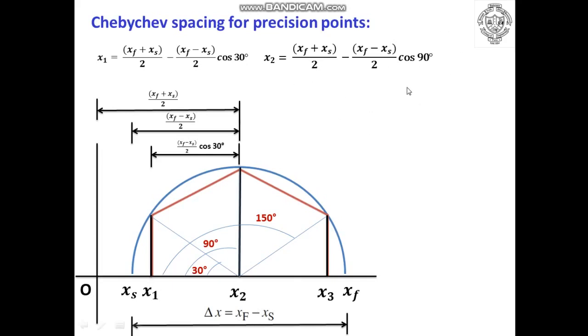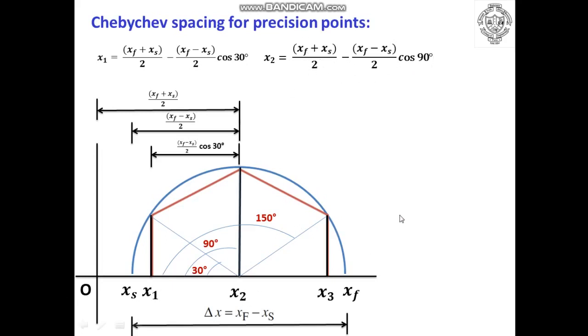But the generalized formula can be written as x2 is equal to xf plus xs divided by 2, that means this particular distance, minus the projection of this particular r, the position number 2, which is inclined at 90 degrees on the x-axis, which is nothing but 0. So let us consider the radius r as it is, that is xf minus xs divided by 2, and the angle for cos is considered to be 90 degrees, which is nothing but 0. So anyhow this term minus 0, you will get this term itself.